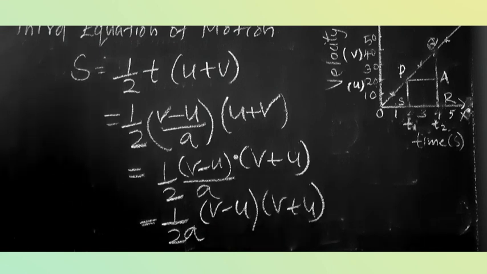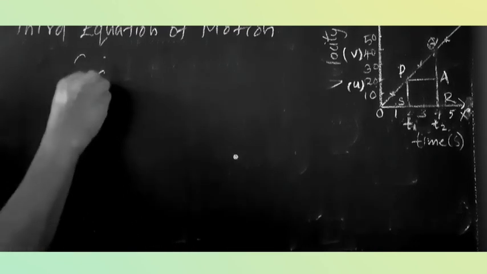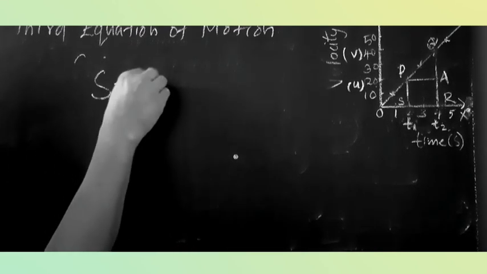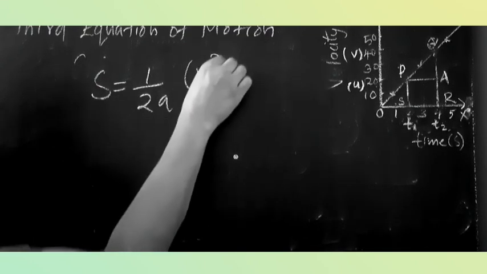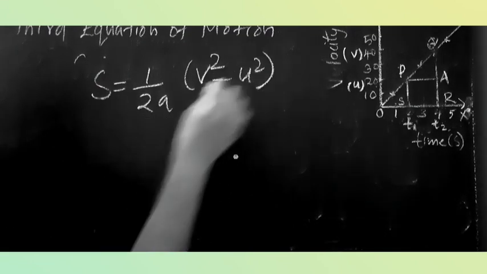You have already studied (a plus b) into (a minus b) is equal to a square minus b square. Similarly, (v plus u) into (v minus u) is equal to v square minus u square. So s is equal to 1 by 2a into (v square minus u square).